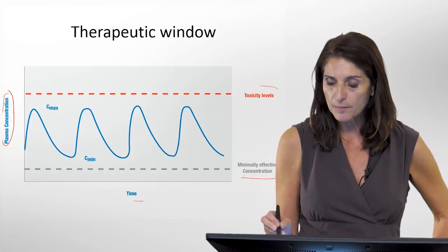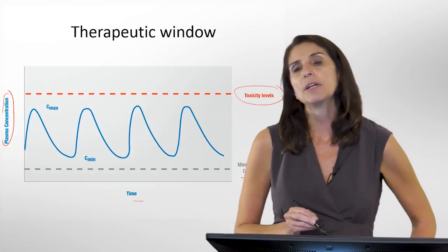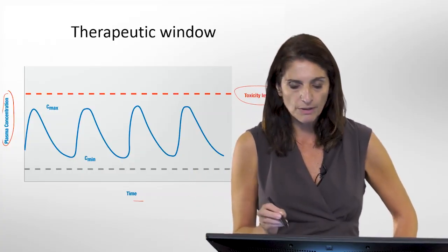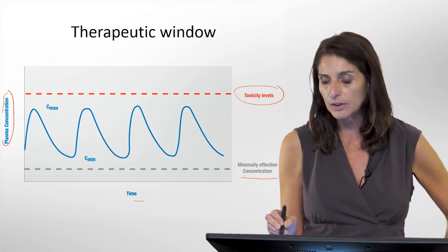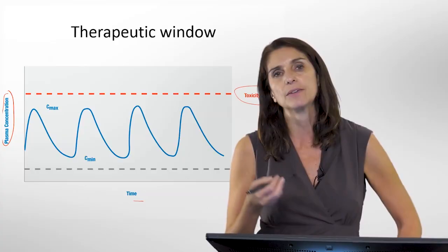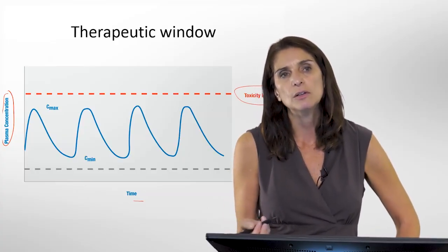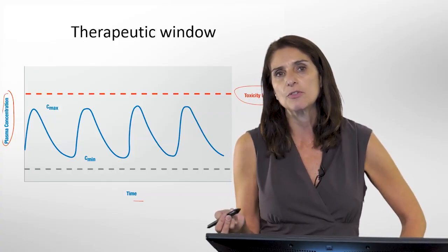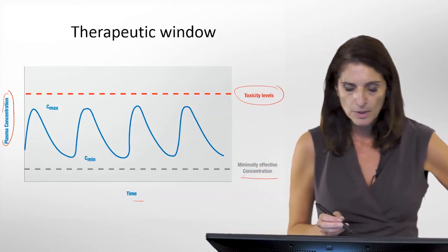On the other extreme, if the concentration of the drug goes up too much in the bloodstream, we are at toxic level, where we start having important side effects, and so the drug is not useful anymore because it causes more damage than what it will cure.